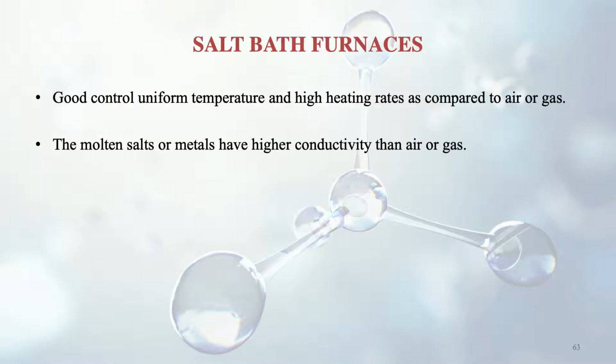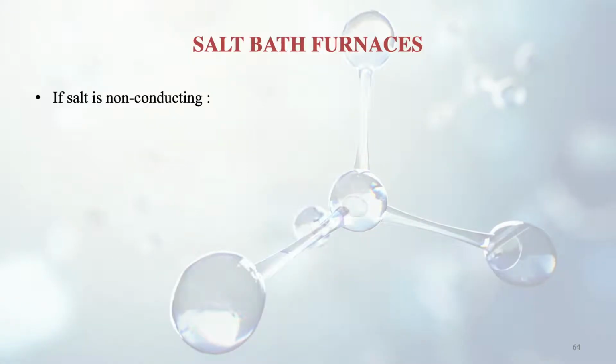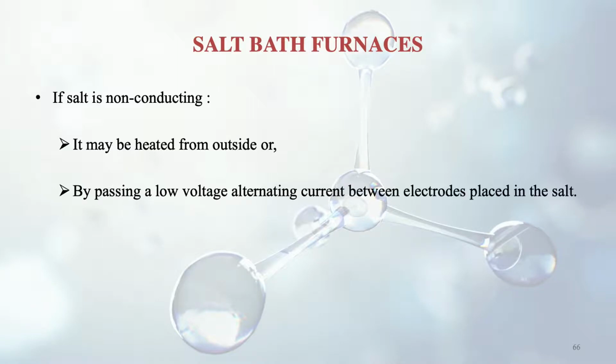The molten salts or metals have higher conductivity than air or gas, so these are better conducting, so they give better results. And suppose if the salt is non-conducting, then it may be heated from outside or by passing a low voltage alternating current between electrodes placed in the salt.